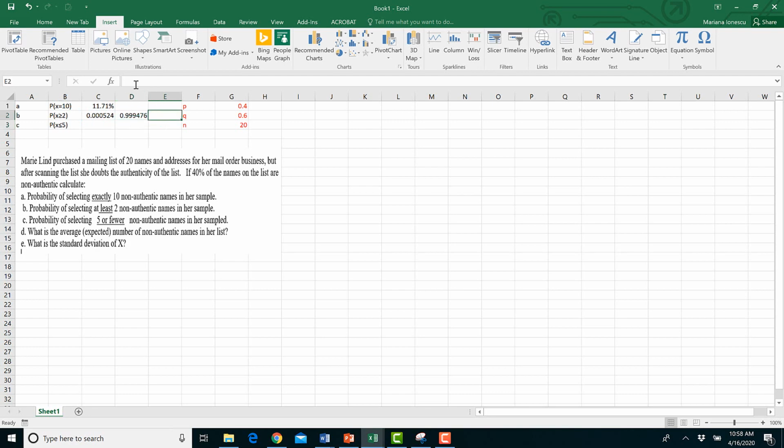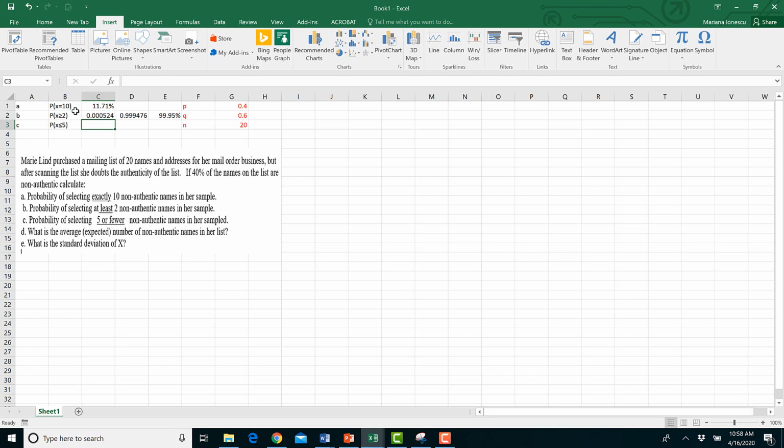If we express it as a percent, it will be 99.95%. So again, to calculate the probability to select at least 2 non-authentic names, we can write it as 1 total probability minus the probability to be less than 2.